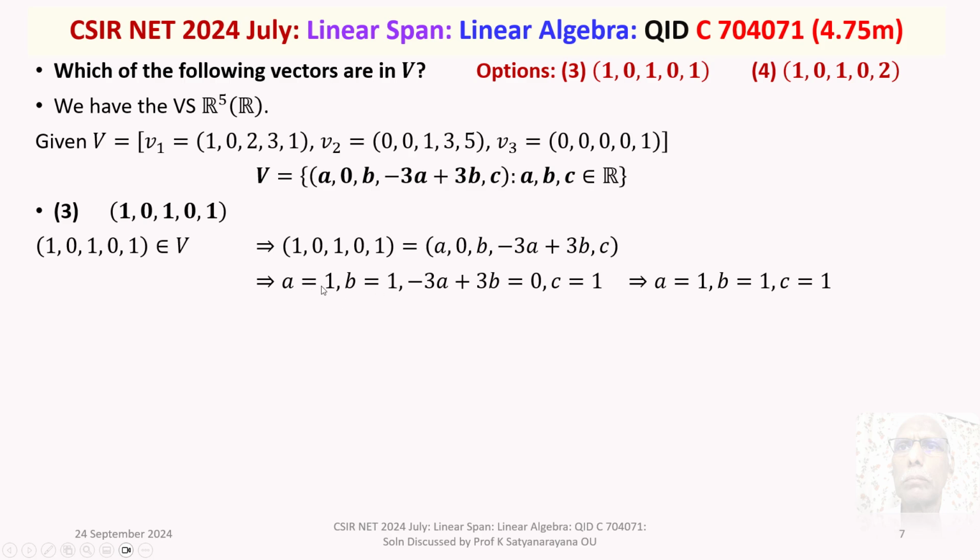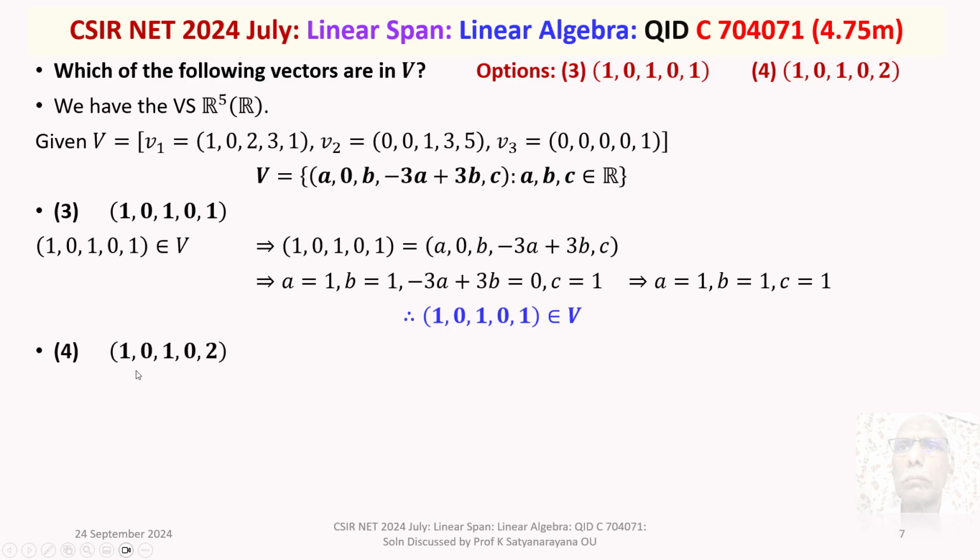So if you substitute A is equal to 1, B is equal to 1 in minus 3A plus 3B, it is satisfied. So A is equal to B is equal to 1 and C is equal to 1. Those are the values for A, B, C. So this means this (1, 0, 1, 0, 1) belongs to V. So this (1, 0, 1, 0, 1) is in the linear span of those 3 vectors. So this is in the answer. That means one of the answers. So option 3 is an answer.